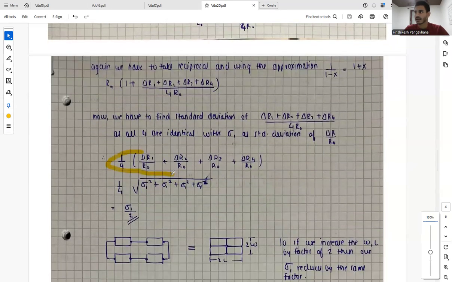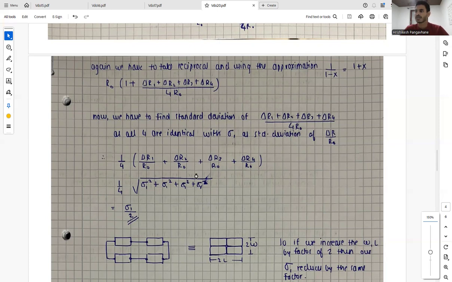So we can say that this value can be written like this, which is 1 upon 4 in bracket ΔR1 by R naught, ΔR2 by R naught, ΔR3 by R naught, and ΔR4 by R naught, an addition of all of them. But these are again randomly available for each and every individual resistor.